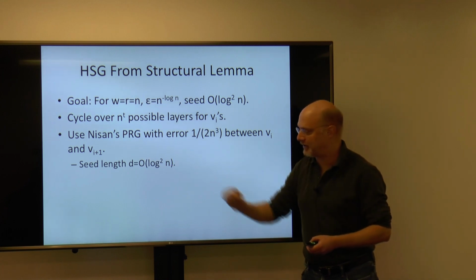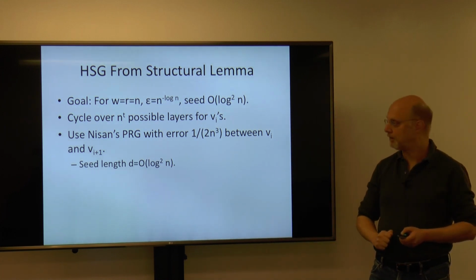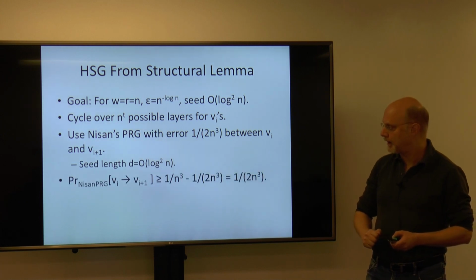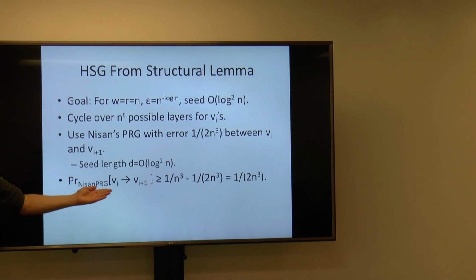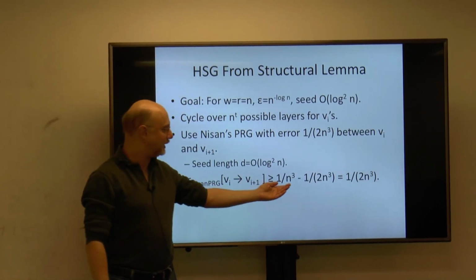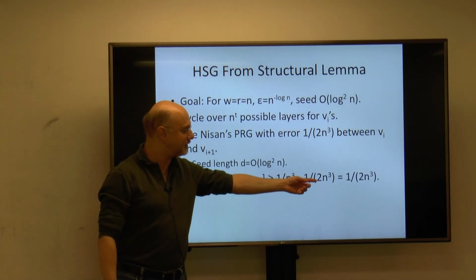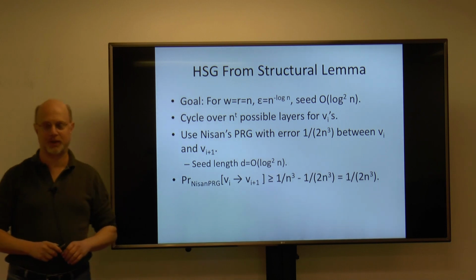So this gives us seed length log squared n to go from vi to vi plus 1. So now the probability using Nisan's pseudorandom generator, starting in vi, that we go to vi plus 1 was 1 over n cubed. Now we lost some, but it's still at least 1 over 2n cubed. So that's still not too bad.